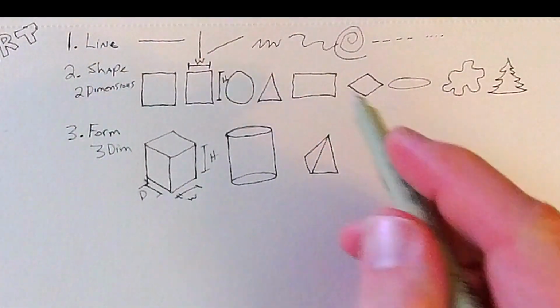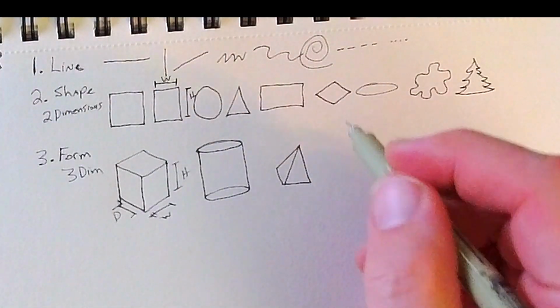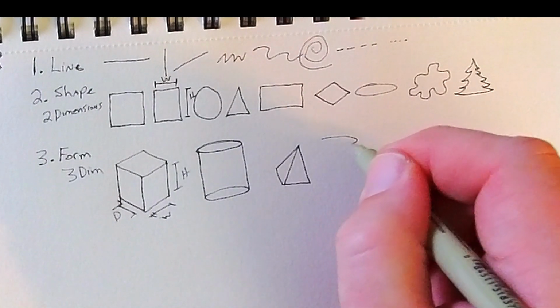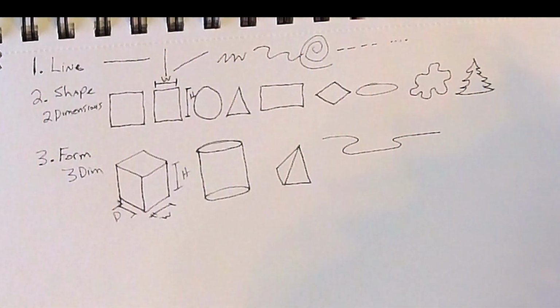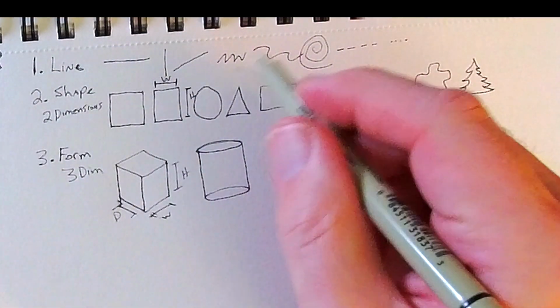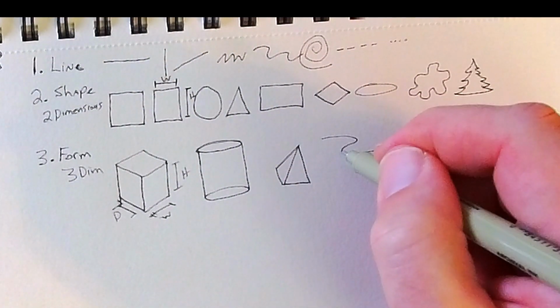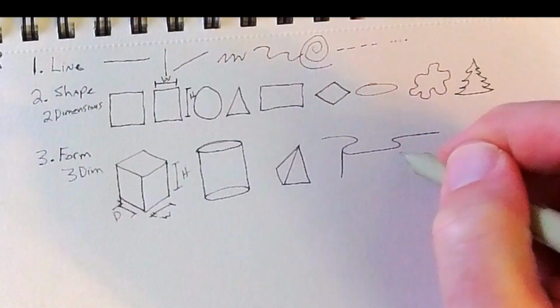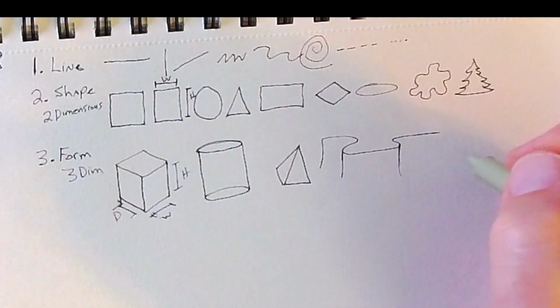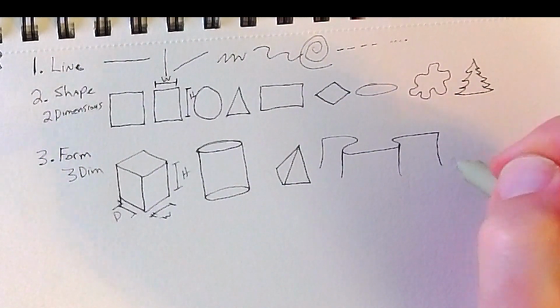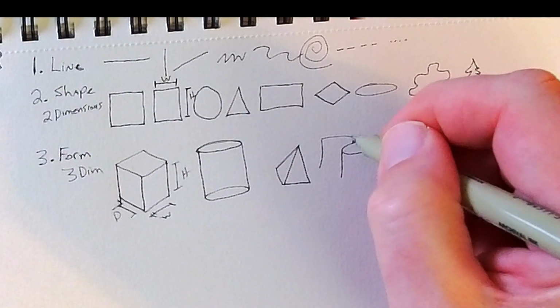So that's 3-dimensional. So then we can also take other shapes, like let's just say we had a shape like this. That's really actually a line. So we could even turn lines into 3-dimensional objects. So if we just gave it something here, like this, all of a sudden we have maybe a canyon of some kind.